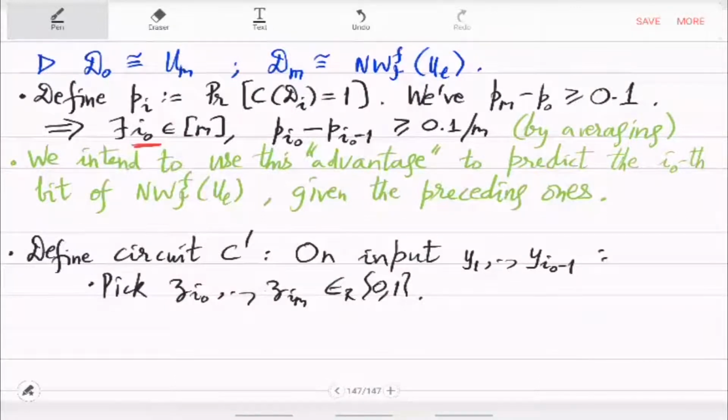So now you have m bits, the prefix is y's, the suffix is z's, and just see what C evaluates to on this. If it evaluates to 1, then you output zi0. If it does not output 1, then you negate zi0. That is the idea of prediction. So essentially C prime is just guessing the I0th bit by randomly picking it and evaluating C.